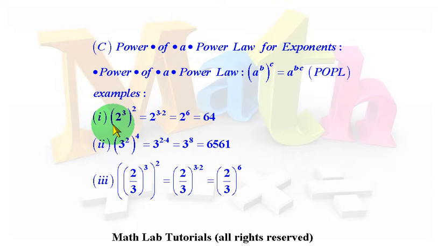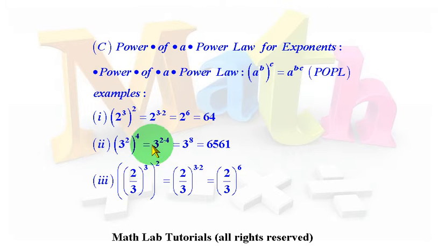Example 1, if we have bracket 2 to the power 3 all to the power 2, all we do is multiply the exponents. Of course the base is 2. We get 2 to the power 3 dot 2, which is 2 to the power 6. And that's a single power now, which evaluates to 64. Example 2, we have inside the brackets 3 to the power 2 all to the power 4.